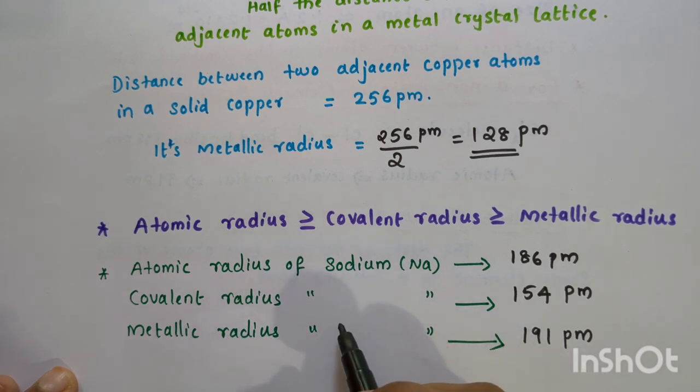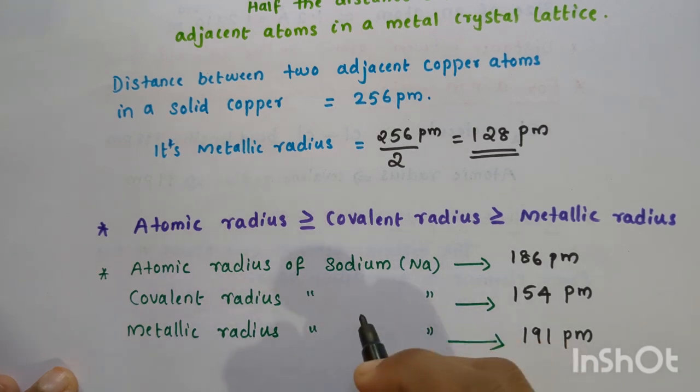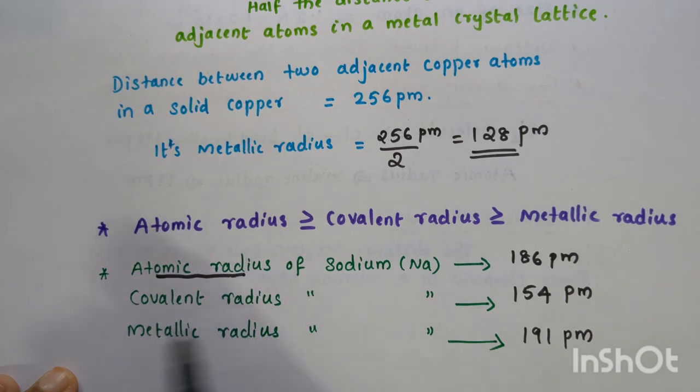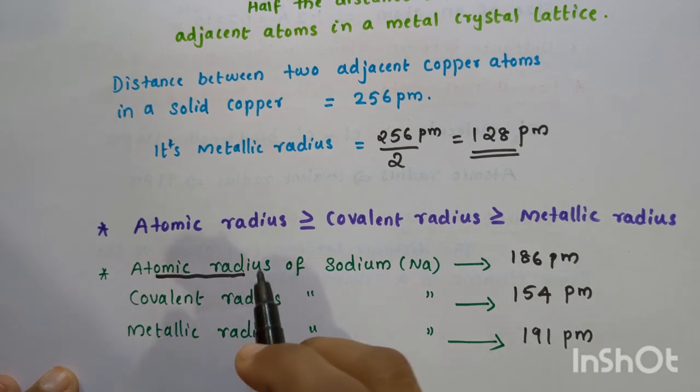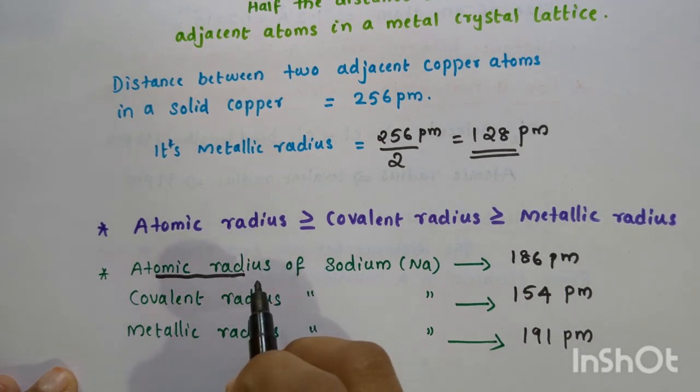In our classes, we will use the term atomic radius to refer to both covalent or metallic radius, depending on whether the element is a non-metal or a metal.